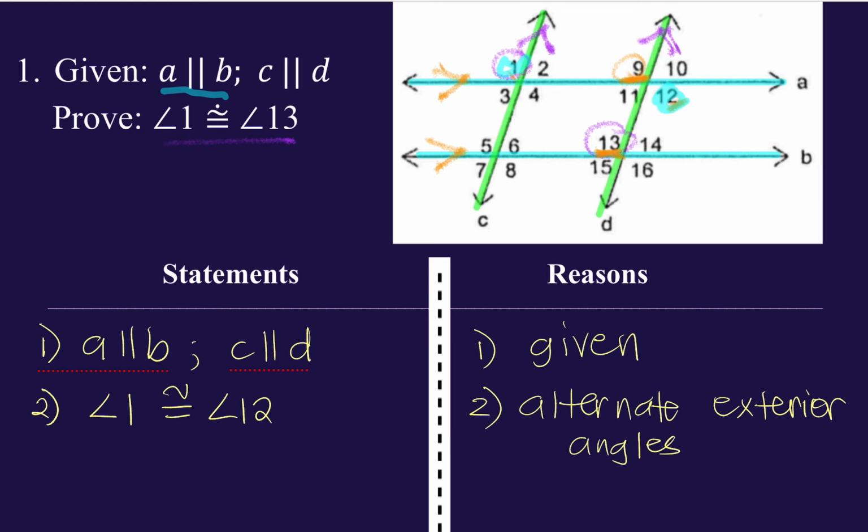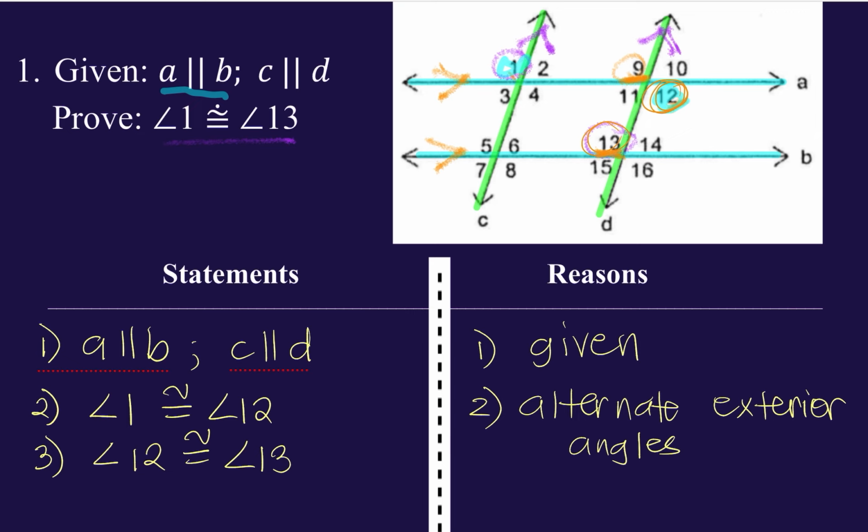Now, from that information, we can make a connection from 12 to 13. 12 and 13 are angles that are considered alternate. They're on opposite sides of line D. So they're alternate, but they're inside of lines A and B. So angle 12 is congruent to angle 13.